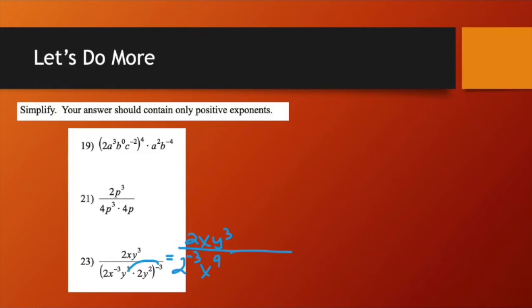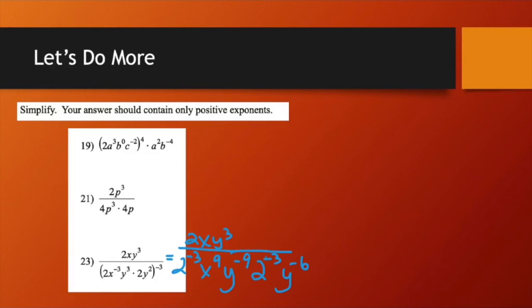The y will be a -9, and the y squared will be a y to the -6. So anything that has a negative exponent will be moved up to the numerator and become positive.